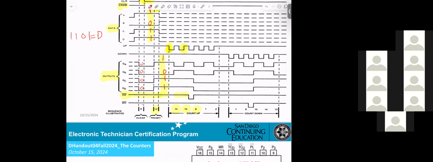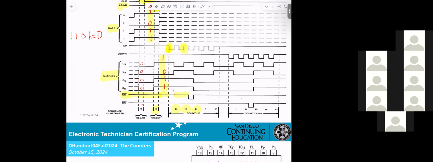If you're looking here, you see it will be 1. Now, when it goes low, right here, if you're looking on the timing here, tell me when it goes low.